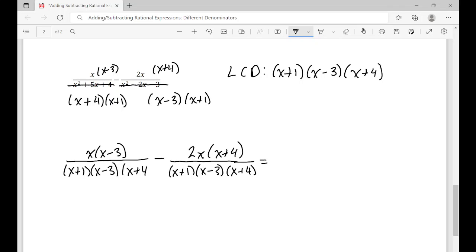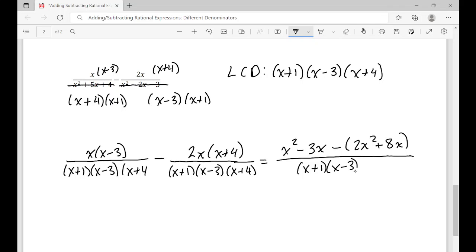Now I can combine it into one fraction by subtraction. So I'm going to have x squared minus 3x minus, and it's going to be 2x squared plus 8x, all over x plus 1, x minus 3, x plus 4.